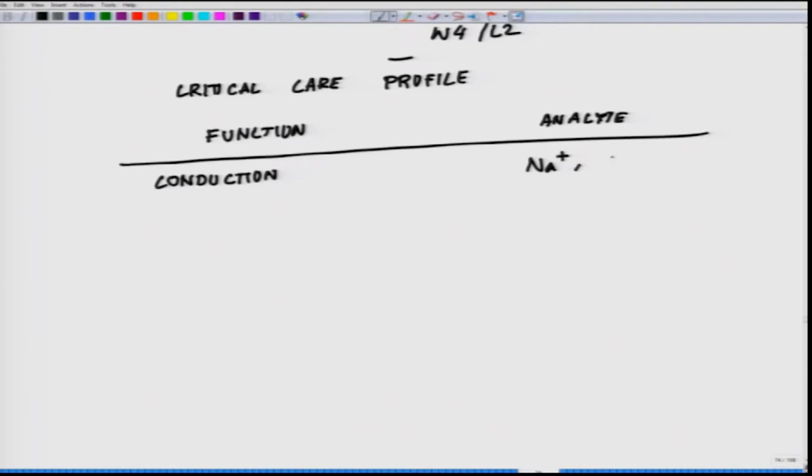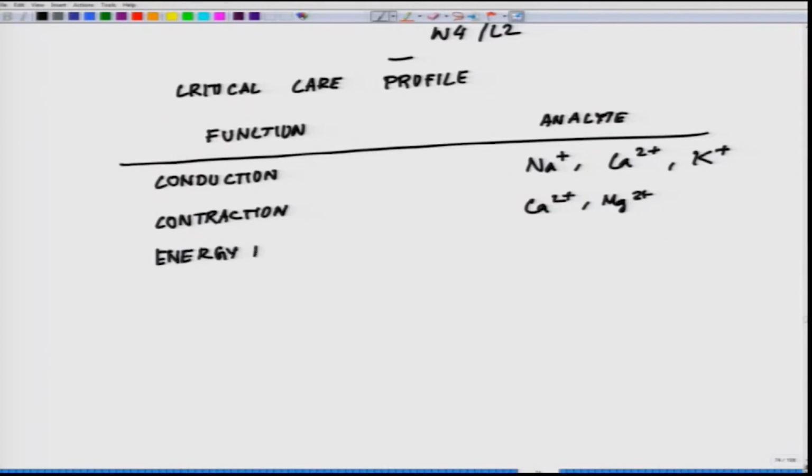Or cardiac conduction. So, we talk about Ca2+ and K+, right. Now, if we look at muscle contraction, sorry, cardiac muscle contraction, we talk about Ca2+, sometimes magnesium. Okay. Now, we talk about energy metabolism or energy level.